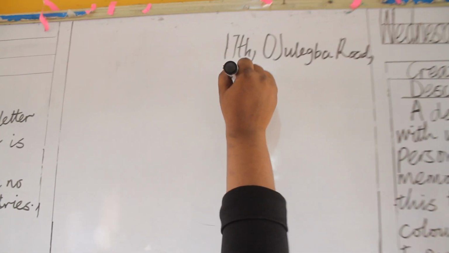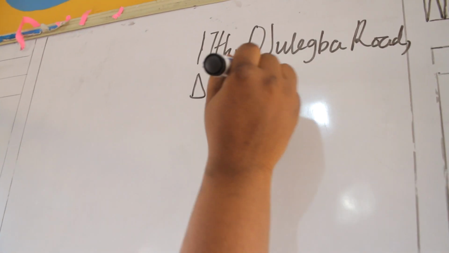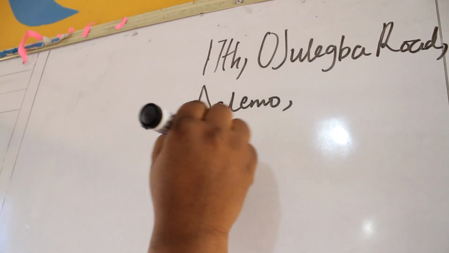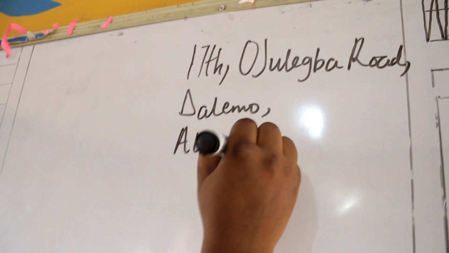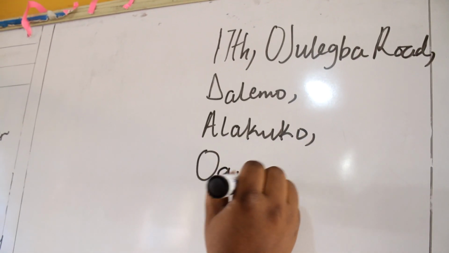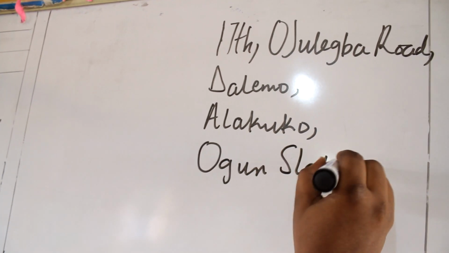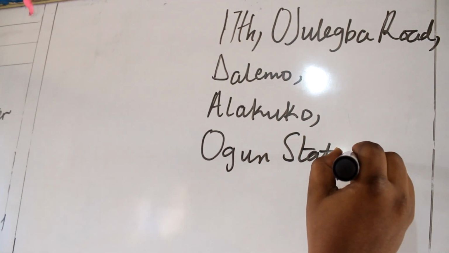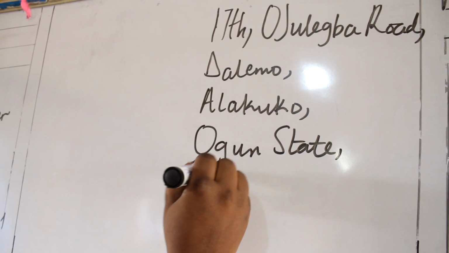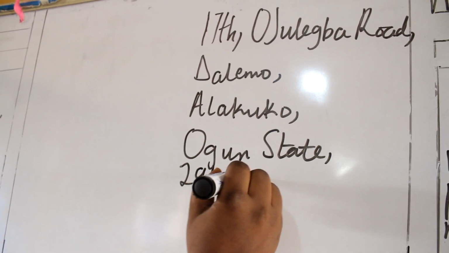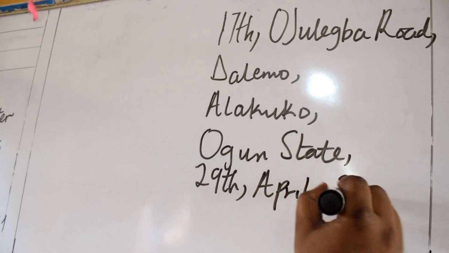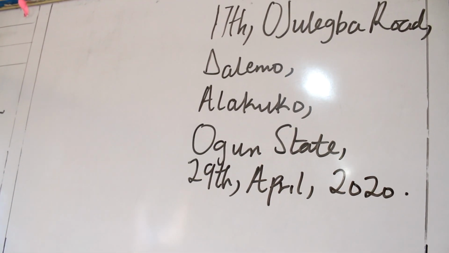You have Dalemo, comma, Alakoko, comma, Ogun State, comma, then the date. You have 29th April 2020.